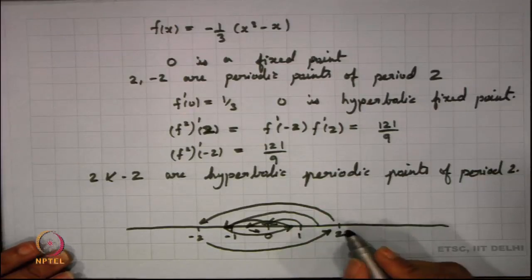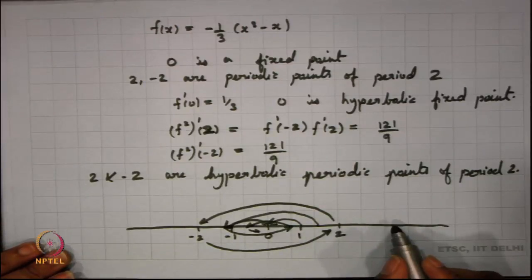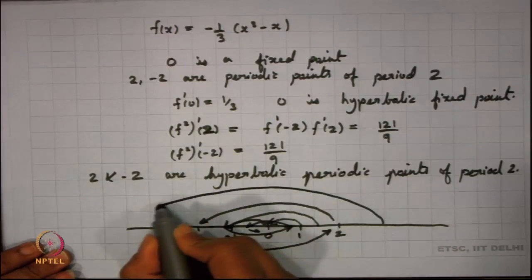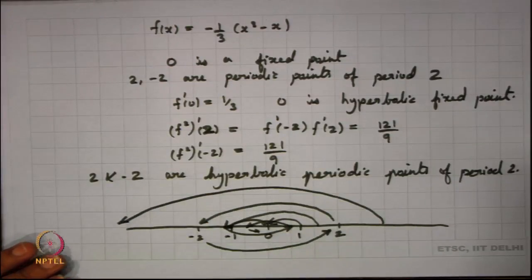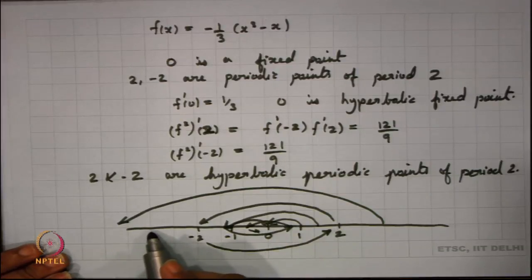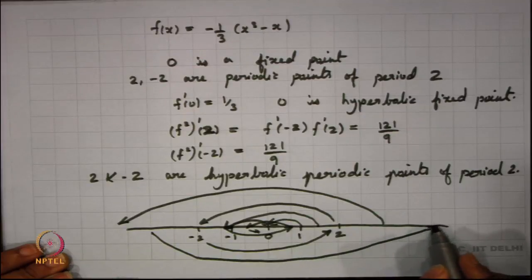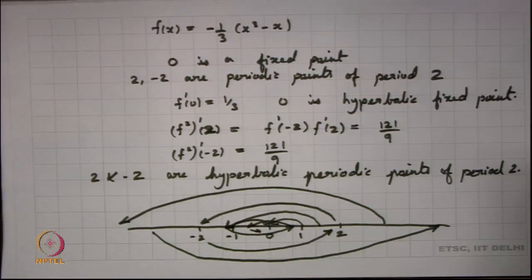The points which are the real numbers greater than 2, we will find that they also come up to something larger over here, on the left hand side. And if I take any point on the left hand side of -2, then that gets mapped to something which is larger and to the right of 2.